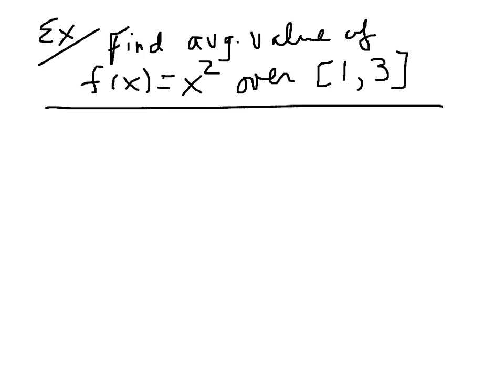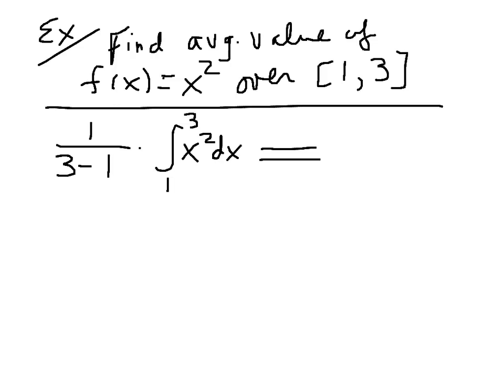So here's a simple example. Find the average value of x squared over the interval 1 to 3. And so we know that it's going to be 1 over 3 minus 1 times the definite integral from 1 to 3 of x squared dx, which is equal to, and here's where we use our calculator to evaluate this.